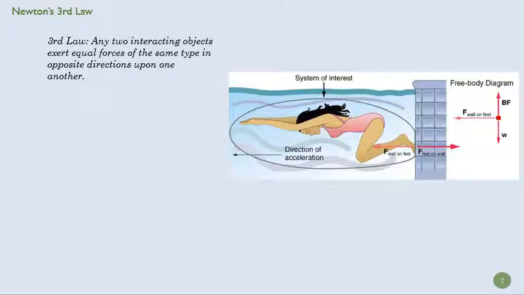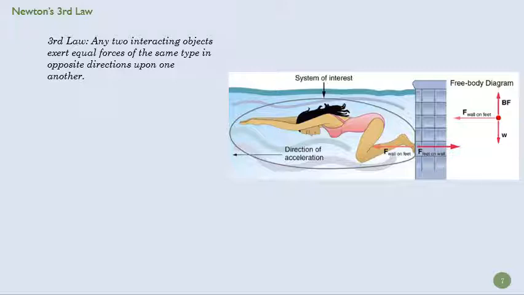All right, the third law. So first law, something that is moving is going to keep moving unless external forces are acting on it. The second law connects force. The sum of forces, or the net external force, is going to be equal to mass times acceleration.